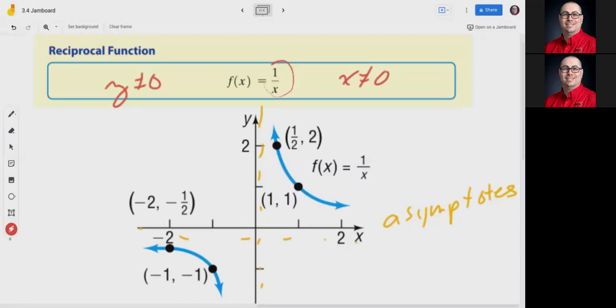The only way for a fraction to equal 0 is if its numerator is 0. In this case, the numerator is 1. So this is why we have y cannot equal 0. That gives us the horizontal asymptote, and the domain restriction on x, where x cannot equal 0, gives us the vertical asymptote we have there.